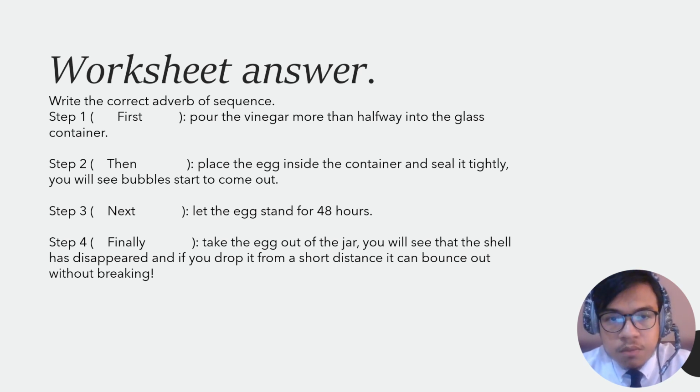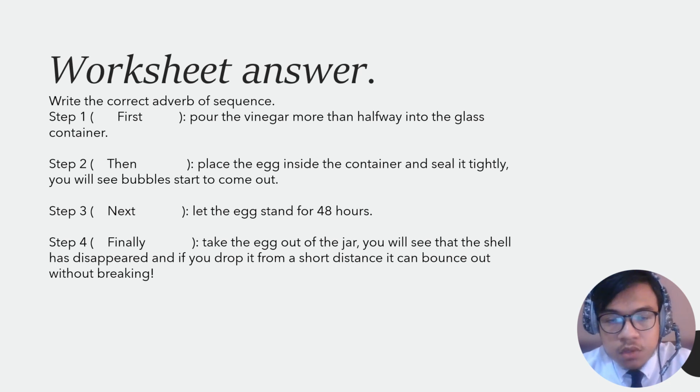First, pour the vinegar more than halfway into the glass container. In step 2, you must write then. Then place the egg inside the container and seal it tightly. You will see bubbles start to come out.